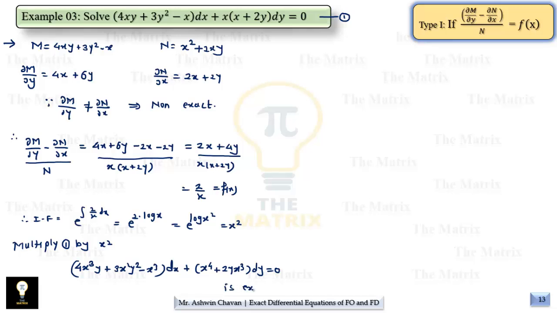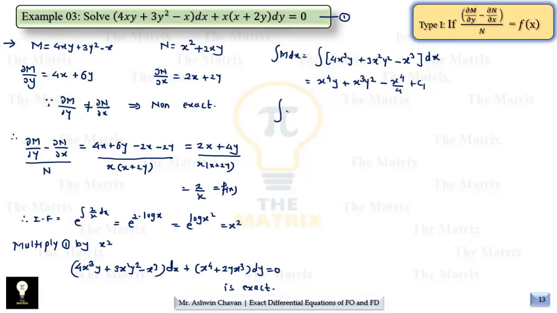Now this is exact. Now we will integrate the new M with respect to x. So it is 4x cube y plus 3x square y square minus x cube with respect to dx. So it will be 4x raised to 4 by 4, so only x raised to 4 into y, plus x cube by 3 times 3, so 3 is cancelled, x cube y square, minus x raised to 4 by 4 plus c1.